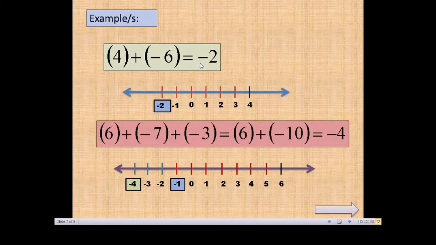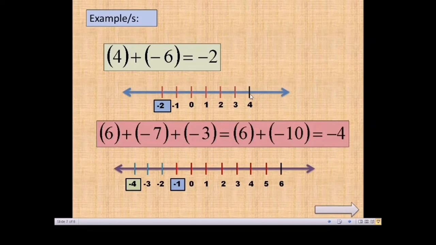Let's check if the answer is really negative 2 using the number line. So we have 4 as the first line in the number line. Then we need to add negative 6. If we add negative 6, meaning we will add 6 lines to the left from positive 4. So I add 6 lines. 1, 2, 3, 4, 5, 6.